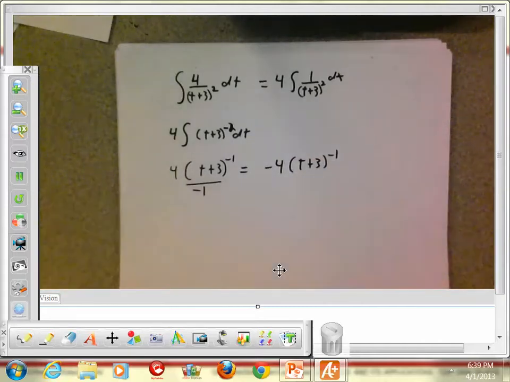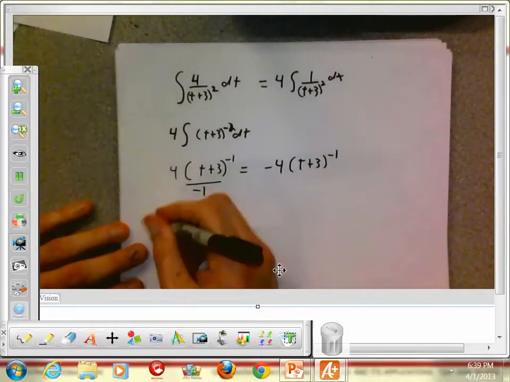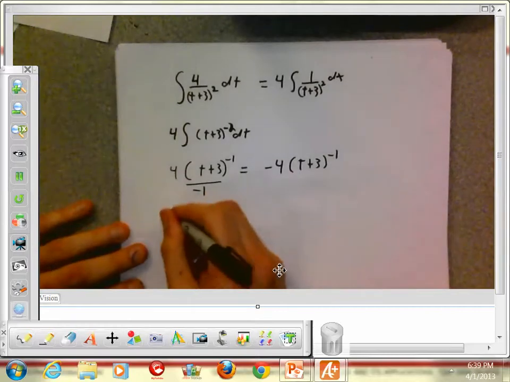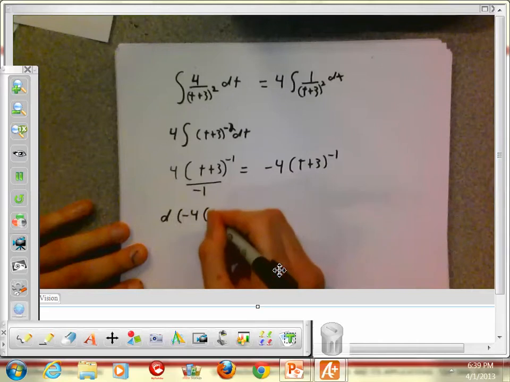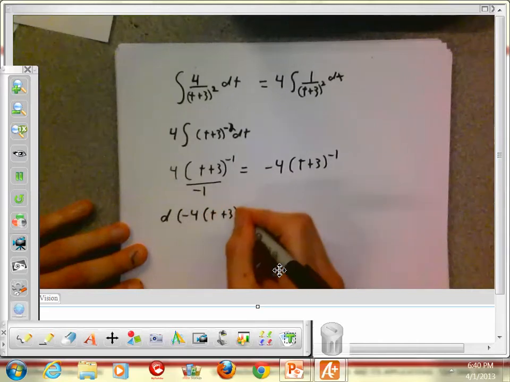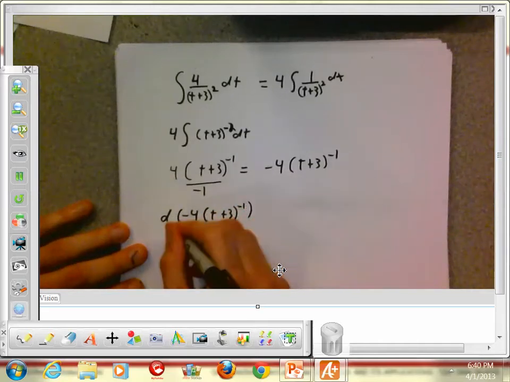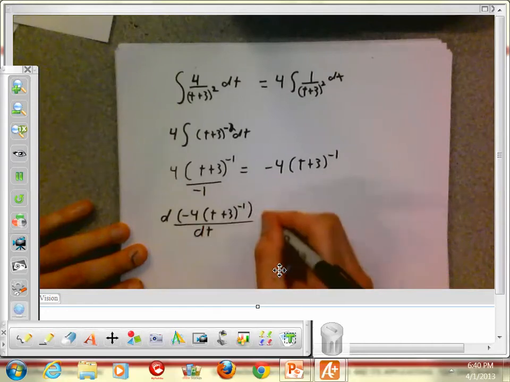Okay? And that's what I guessed, so if I want to check to make sure this is an antiderivative, I need to take the derivative again to check to make sure this works. So I'm going to take the derivative of -4 times t plus 3 raised to the -1 dt. Of course I can pull my -4 out.